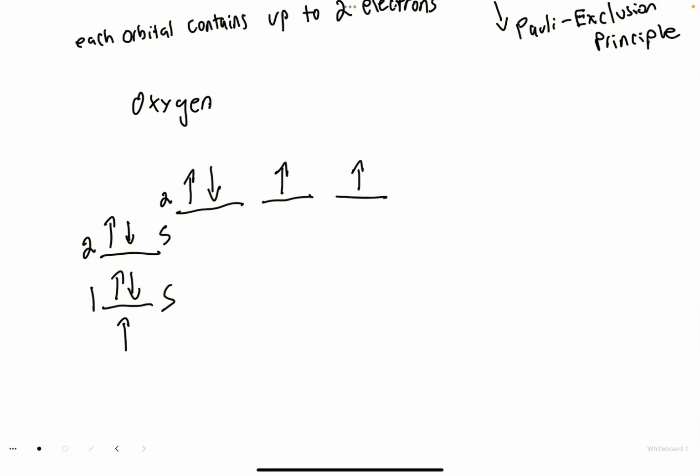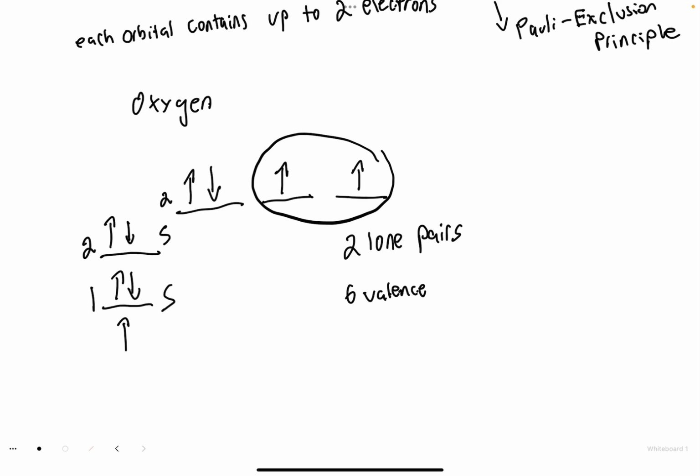That means we already have 8 electrons, so this is done. We see there are 2 lone electrons that don't have a pair. We also see the valence electrons: we have 2, 4, 6. How do I know I have 6 valence electrons from this diagram? It's from the fact that it's the highest level of energy.